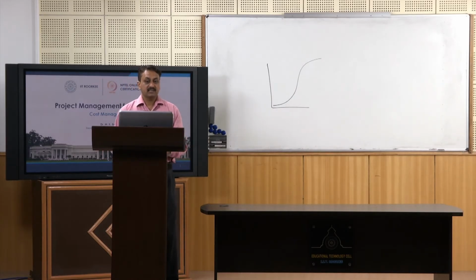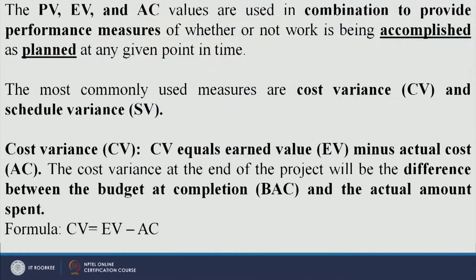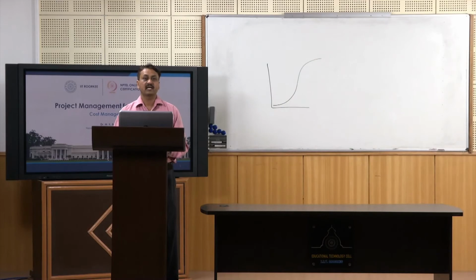Basically we will use two types of measures: cost variance and schedule variance. Variance in cost due to some reason, and variance in time, why you could not do things in time, right. Cost variance measures changes in cost, and schedule variance measures reasons for delay or early completion of the project.